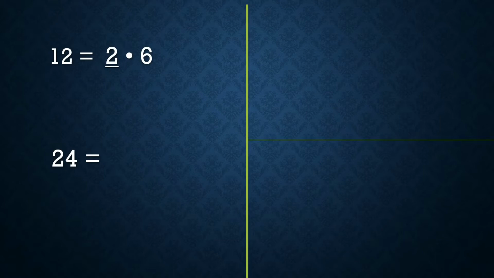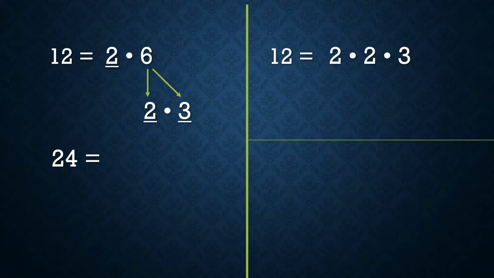Okay, so as you can see, 2 is already a prime number, but 6 is not yet a prime number. That's why, kukunin natin yung factor niya, which is equivalent to 2 times 3. Okay, so as you can see, 2 and 3 are also prime numbers. That's why, we can simply say that 12 has a prime factorization of 2 times 2 times 3. Okay, so I hope that you get that.